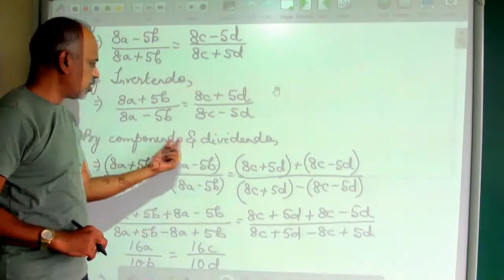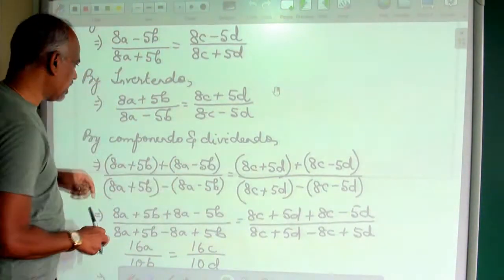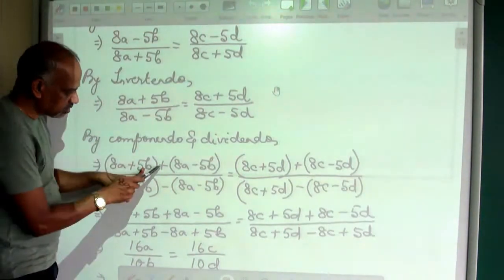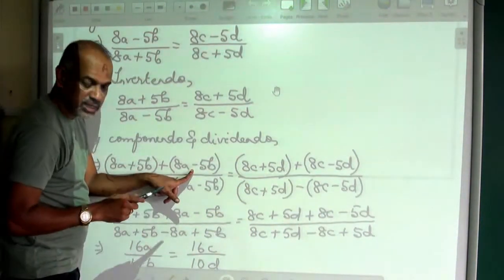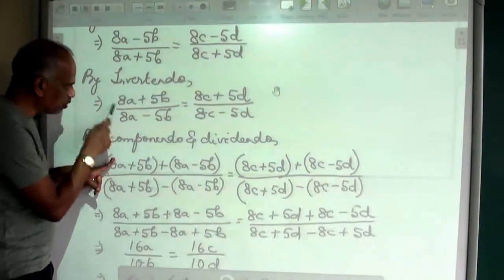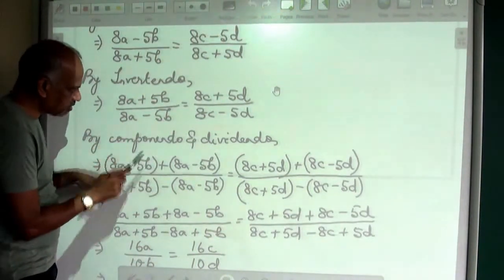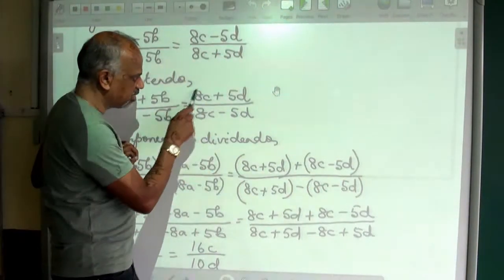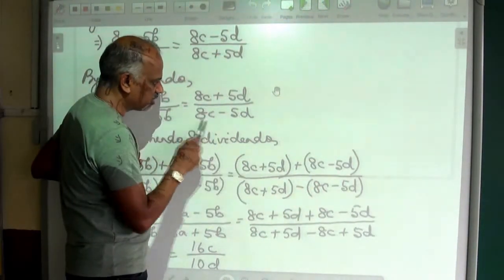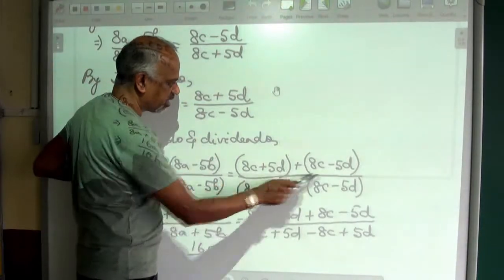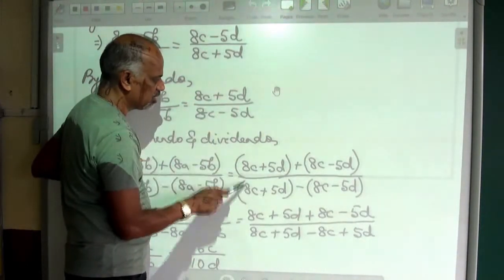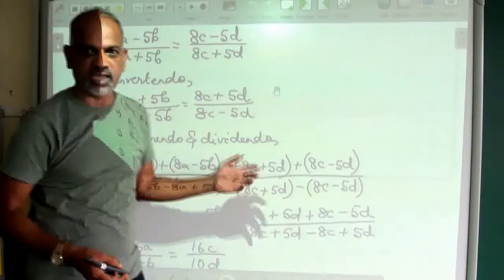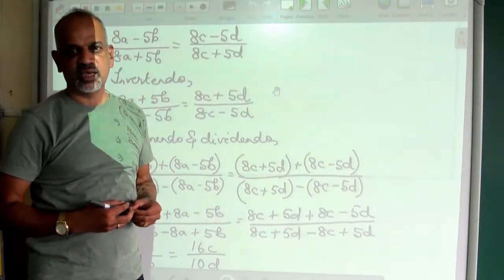By using componendo and dividendo, all that I have to do is numerator plus denominator divided by, again, numerator minus denominator is equal to, do the same thing on the other side, numerator plus denominator divided by numerator minus denominator. I am using numerator and denominator, actually they are called antecedents and consequents.